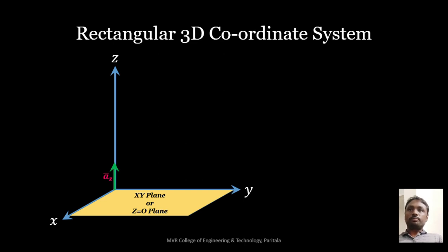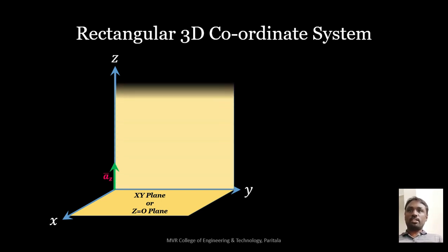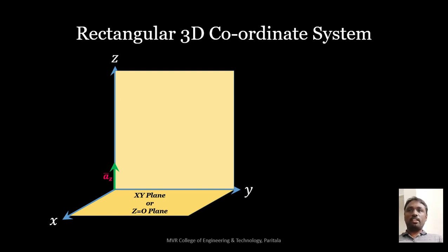Now let us make x equal to 0 and vary y and z. Then how will the plane become? This is the plane. Here x is equal to 0 and we are only varying y and z, so it is occupied with only y and z, and it can be called the yz plane. It can also be called the x equal to 0 plane, because all the x values in this plane are 0.